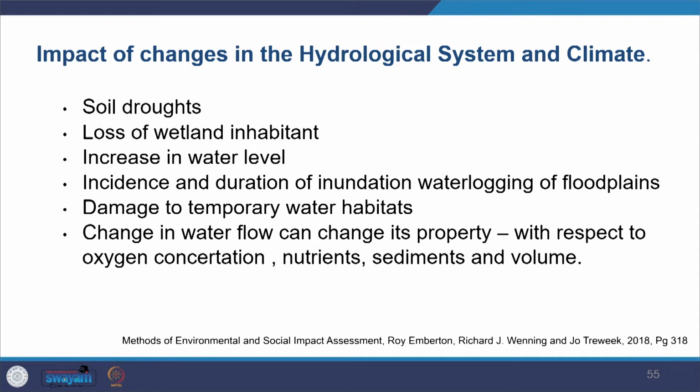Further, you see that there can be also change in the competitiveness balance between the species. So a lot of species, you might see that some are very adjustable, adaptable, whereas others are not, might be slow in adapting. So if any kind of change happens, then you might see that the situation favors the species which adapt compared to species which do not adapt or are slow in adaptation.